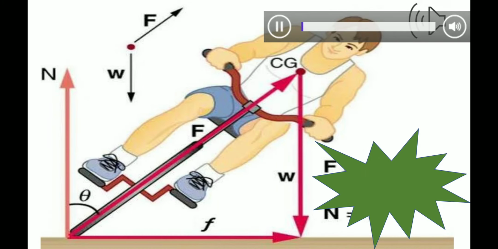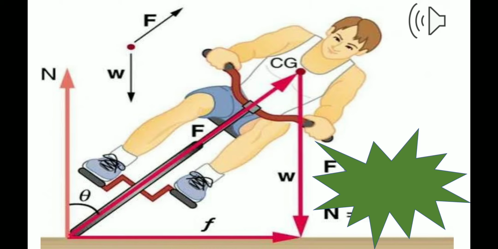Okay, so here you can see this boy is driving a bicycle in a circular path, and the boy is leaning inward. So again there is a force which is being applied on the boy so that the boy continues to be in the circular path, and this force is known as centripetal force.